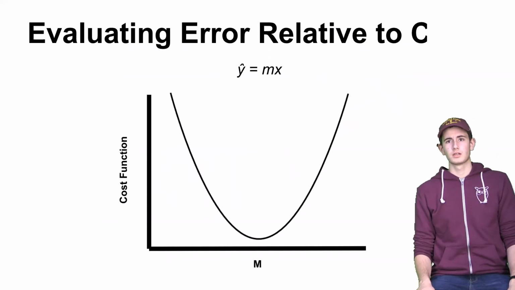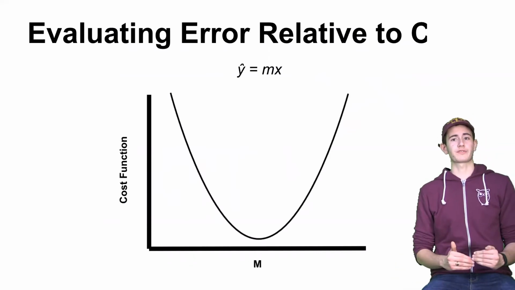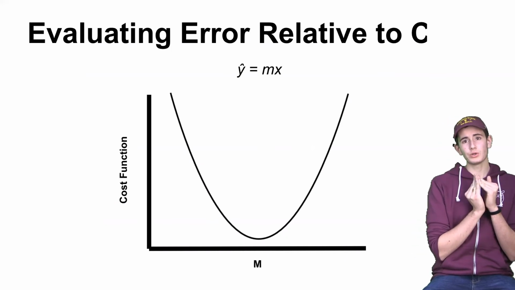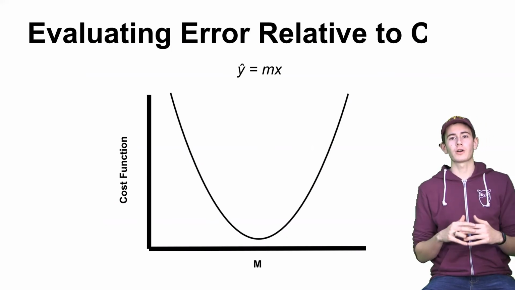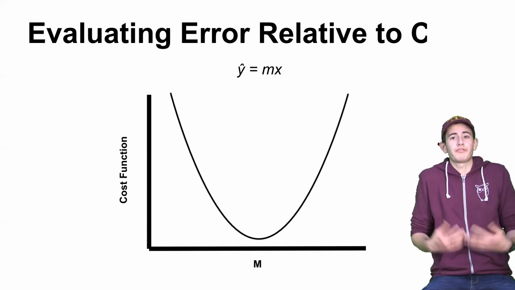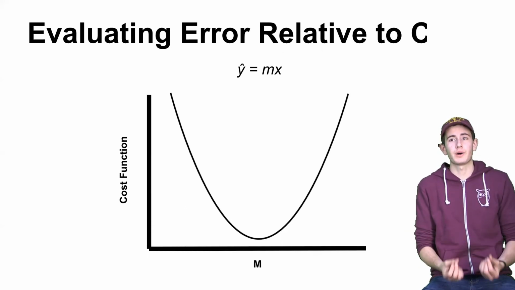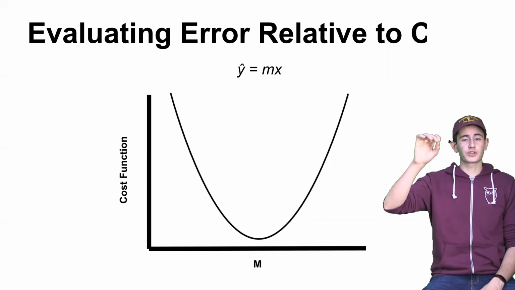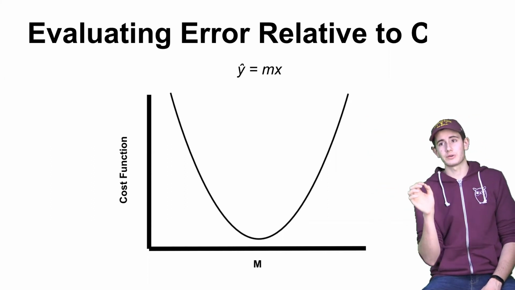Okay, let's simplify things for a minute. Let's say that our b value was always 0, and our equation for our line went through the origin, and our equation was y equals mx, meaning that m is the only variable affecting the cost. M is the only variable affecting the accuracy of our linear model. Let's say we plotted the cost function relative to our value of m.